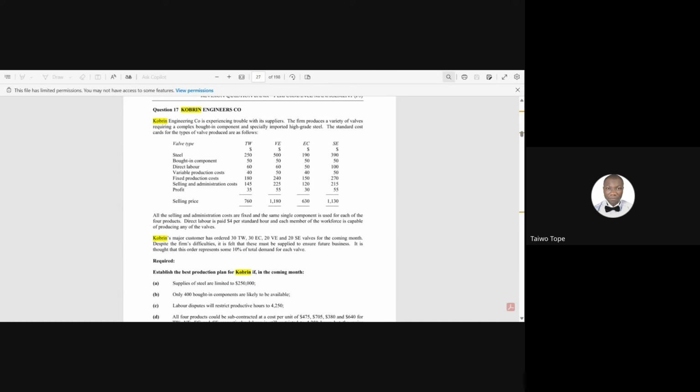So, for you to determine the contribution per limiting factor, it will now be your contribution of 360 divided by 1. So everything will be divided by 1. Let's just show the workings.